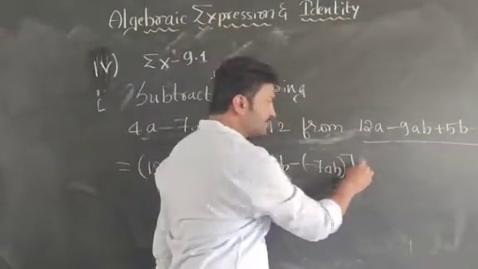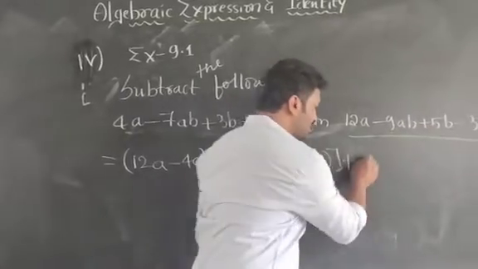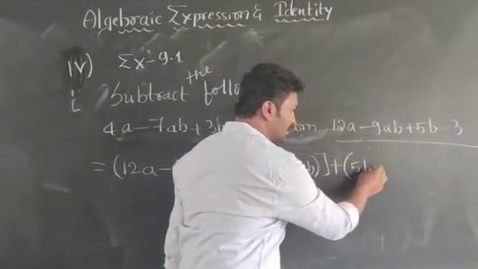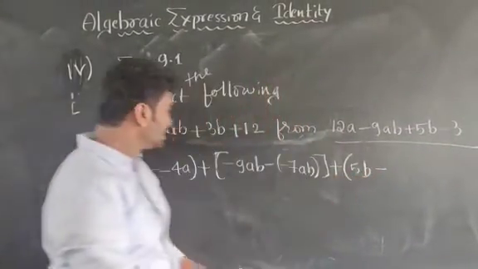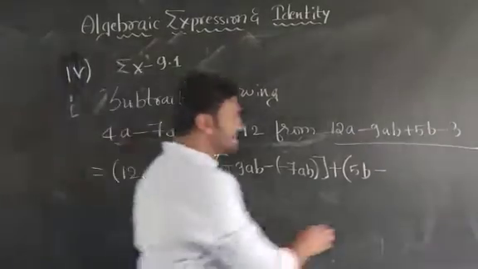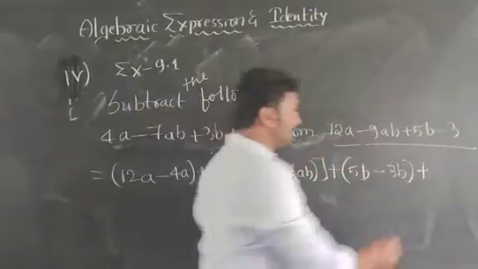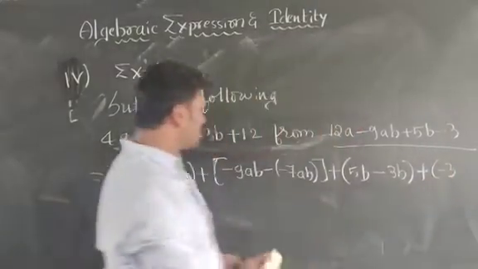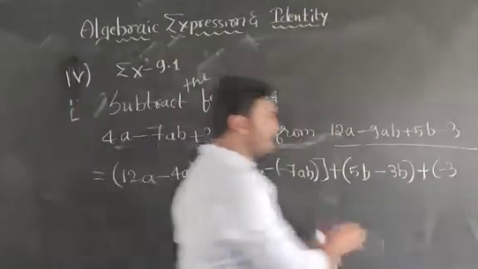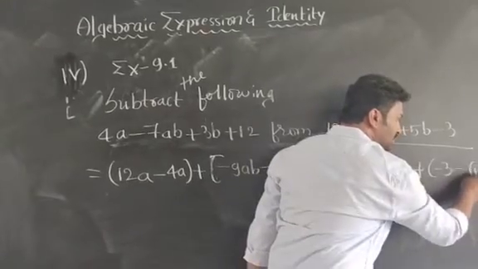Next, plus 5b minus, subtraction, plus 3b. Then minus 3, minus of plus 12.